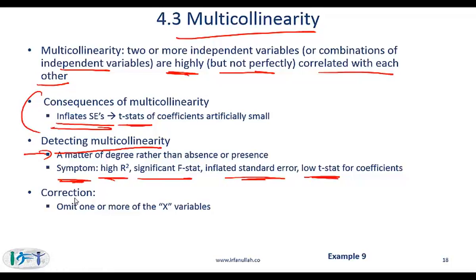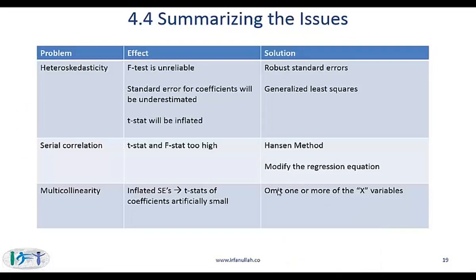Just know the basics. One of the corrections is to omit one or more of the X variables. So if the X variables are related to each other, then it is only logical that you remove one or more of those variables. You can take a look at example 9 in the curriculum, which deals with this topic.